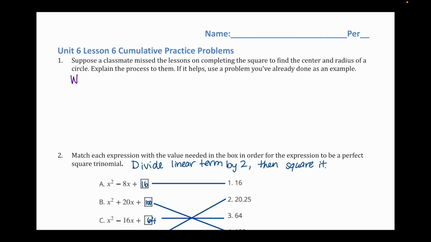Well, we're just going to say that the goal is to write the left side as the sum, that just means we're adding them up, of two squared binomials.